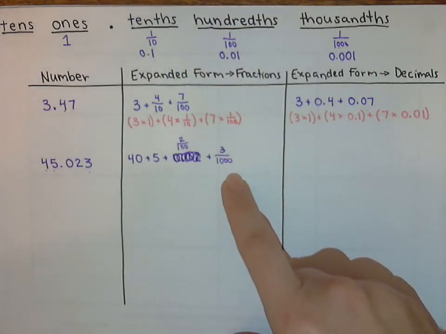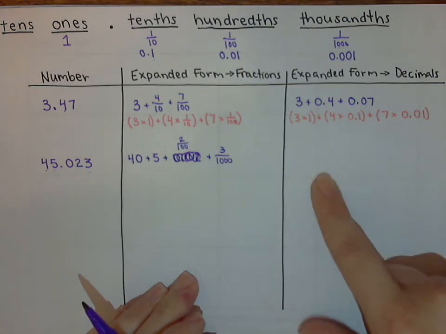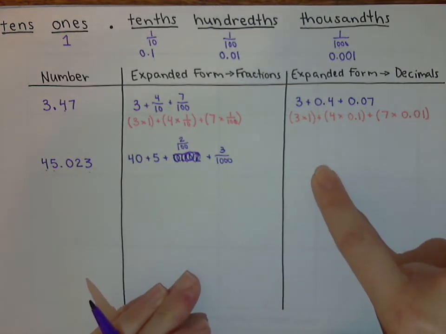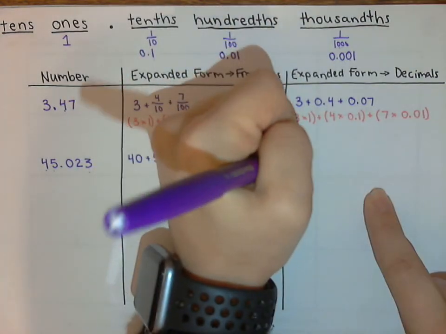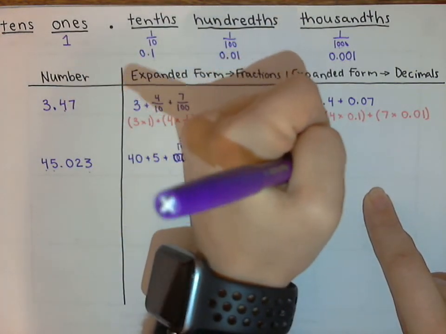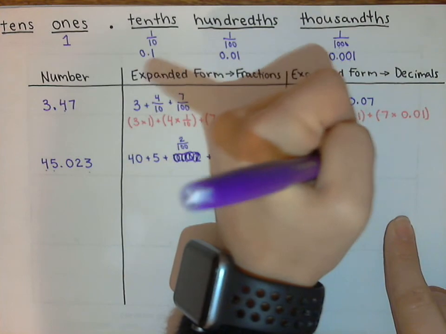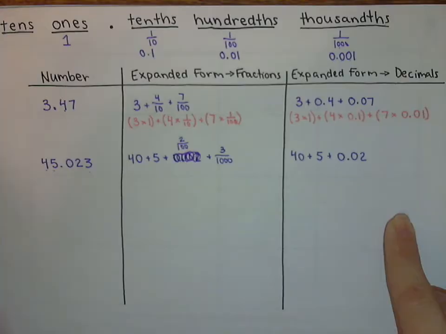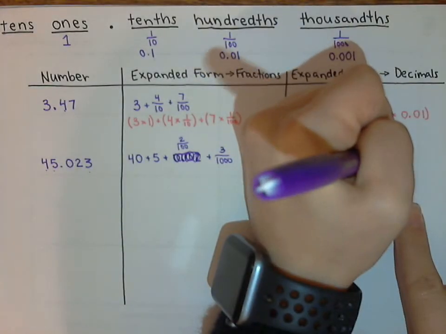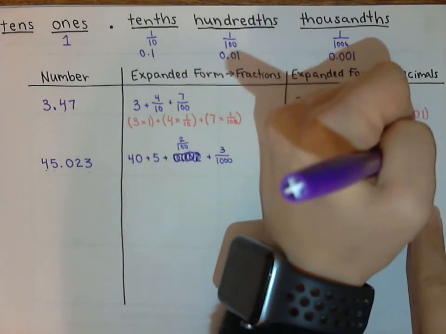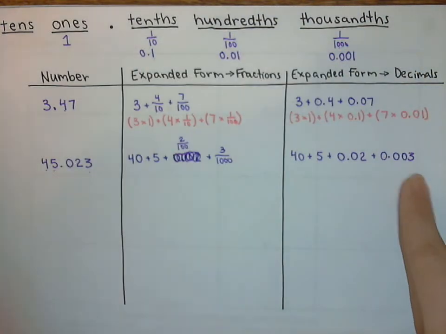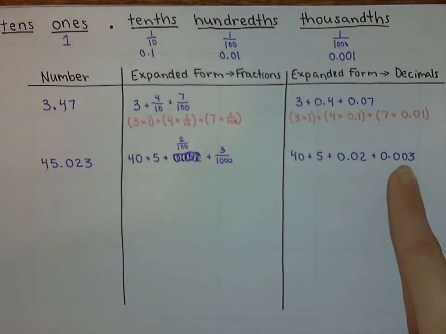So here I'm showing it using fractions, and I can also show that same value using decimals in expanded form. So 40 plus 5 plus, and now I can use my 2 tenths, and also 0 and 3 thousandths.